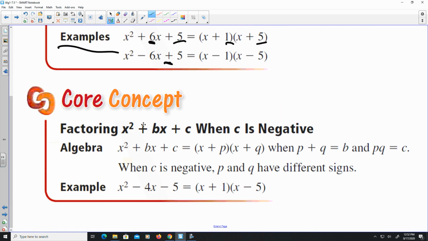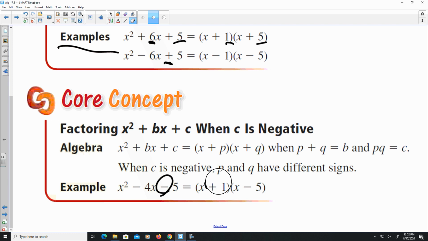Now, when c is negative, now you're going to have to look at the signs being different. So, I got a minus 5, so my second sign is minus, so that's why one is plus and one is minus.